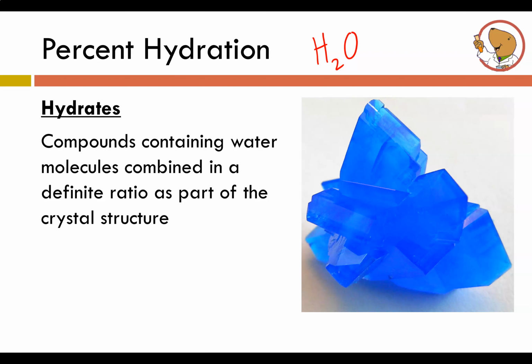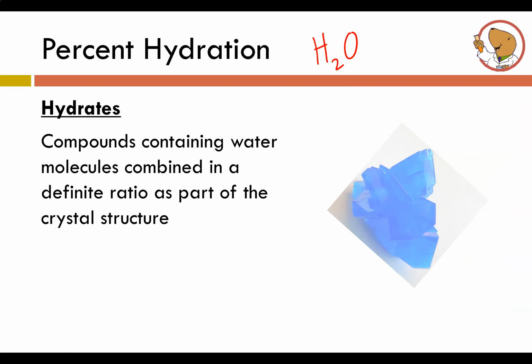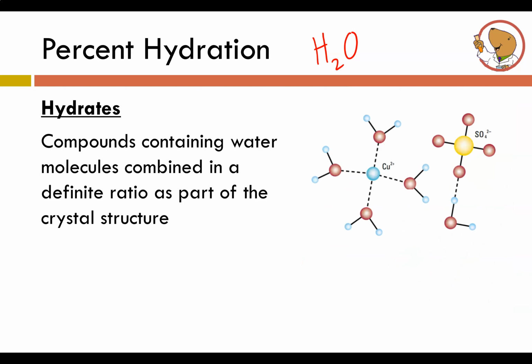So you can get these different chemical compounds that are able to absorb water from their atmosphere, or just kind of hold on to water and incorporate it into the crystalline structure itself. So if you were able to take this compound, copper 2 sulfate pentahydrate, and zoom in close enough to see the individual atoms and molecules that make it up, you'd see something that looks like this. You have your copper 2 plus ion and your sulfate 2 minus ion.